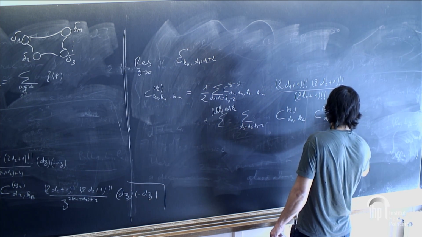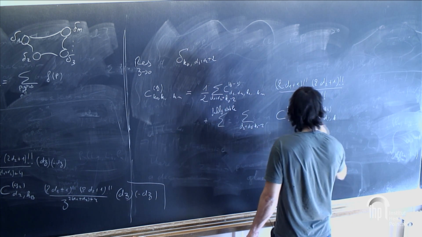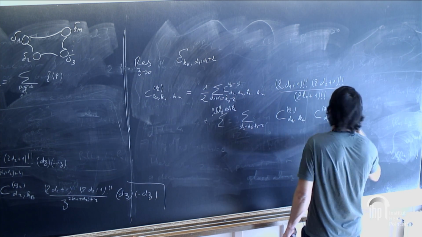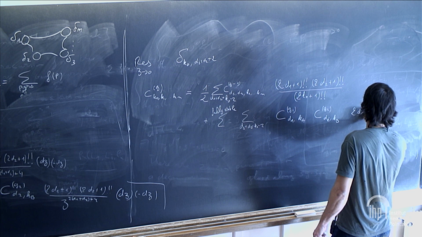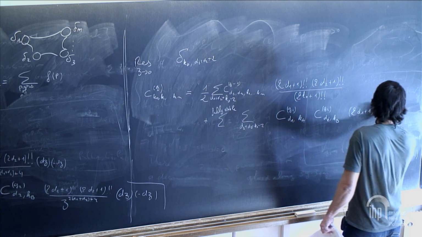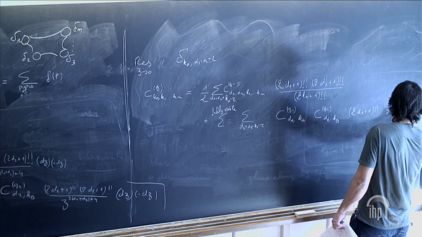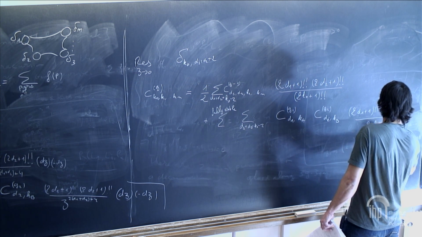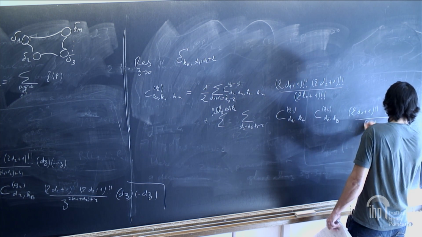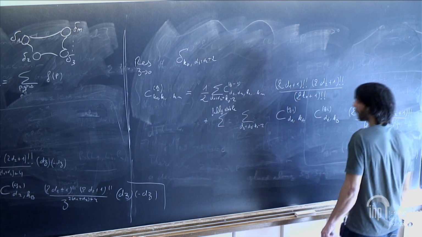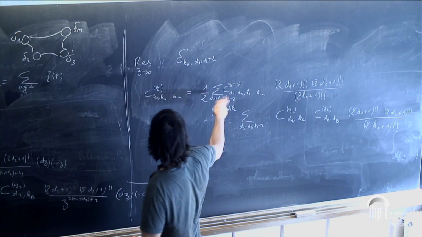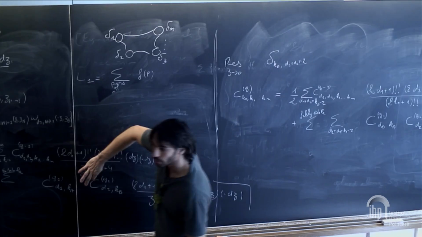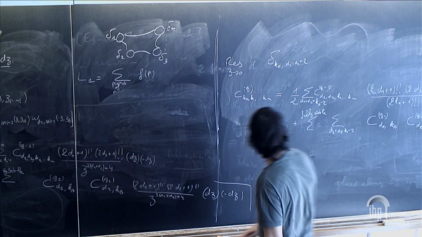C of d1 and d2 and the k's, and the same combinatorial factor, (2d2 plus 1) double factorial, and you divide by (2k0 plus 1) double factorial. You don't have any factor of 1/2 anymore because of the symmetry of the exchange of z and minus z.